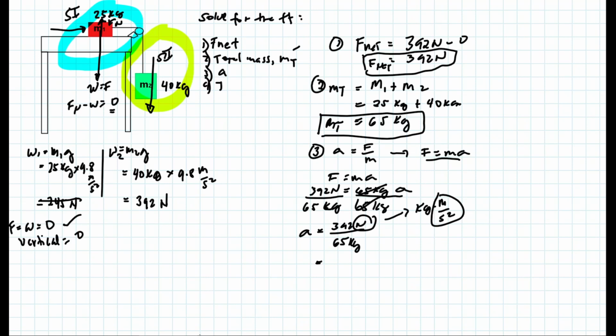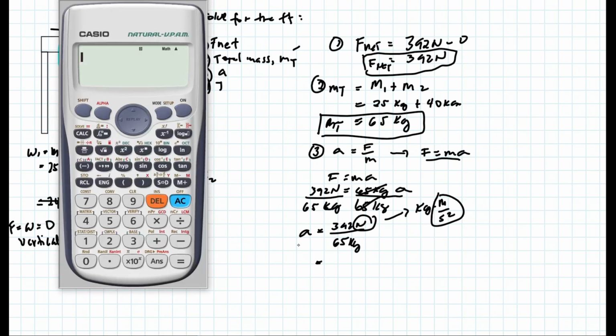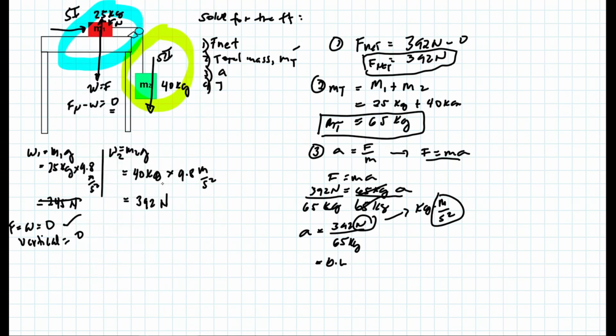Let's grab the calculator. 392 divided by 65 will give us 6.03 meter per second squared. So this is our acceleration. Again, the acceleration for M1 and M2 is the same because they are connected with the same string.